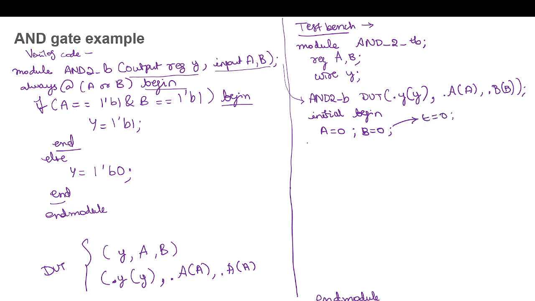And then say I apply all the combinations: a equal to 0, b equal to 1, a equal to 1, b is equal to 0, a equal to 1, b is equal to 1, with #1 delay. This is for delay.